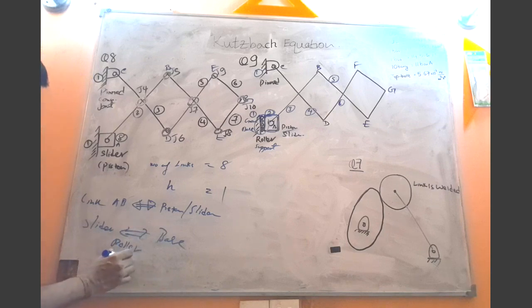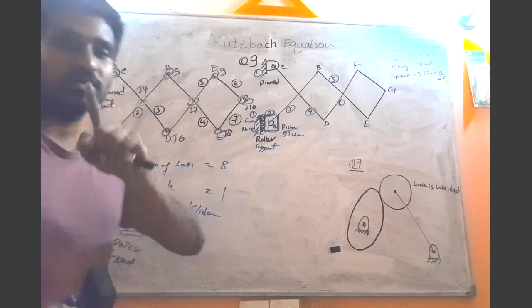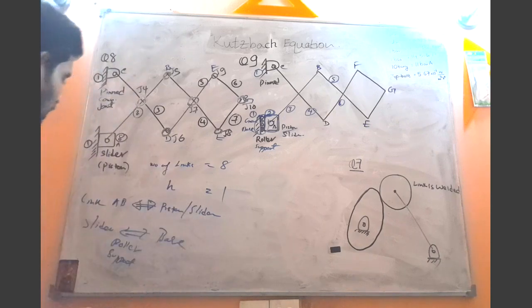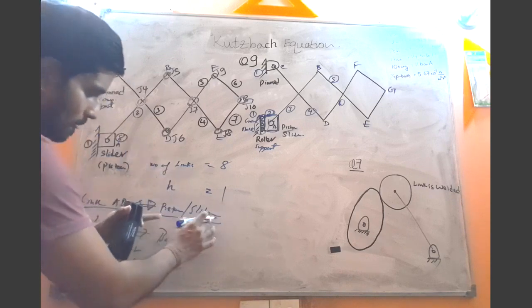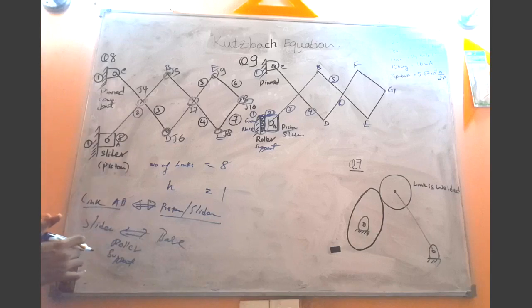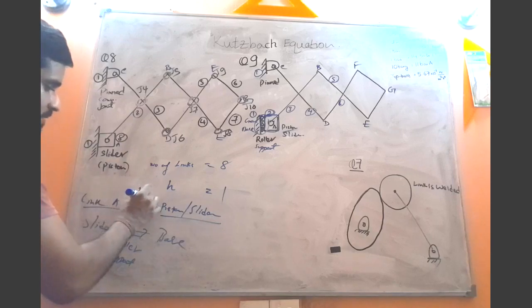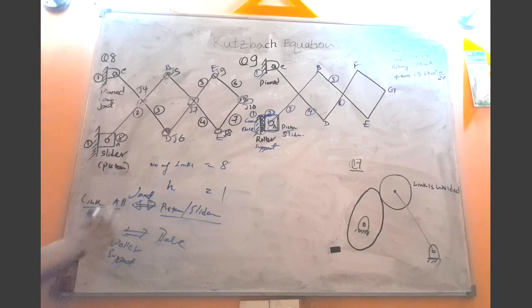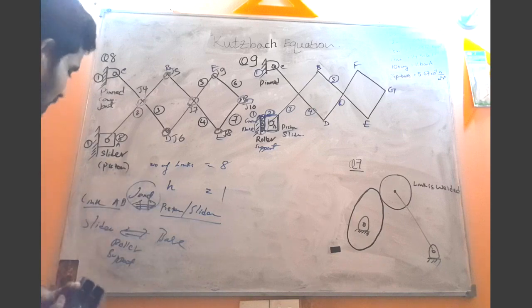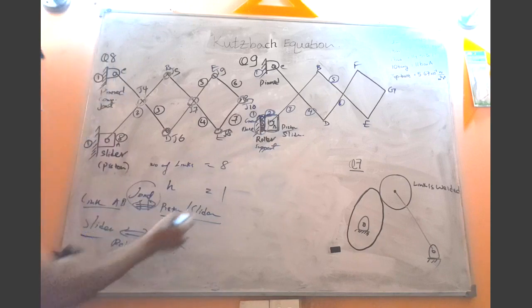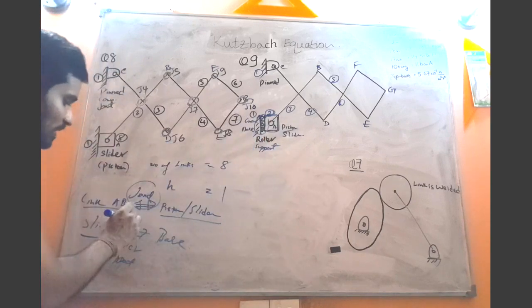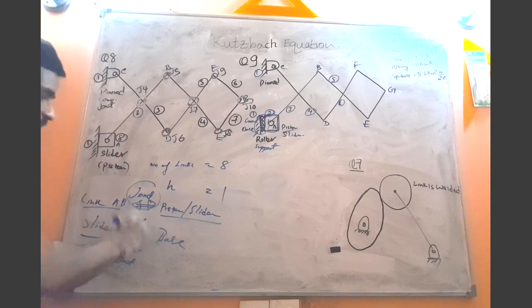You got that point, right? So this link AB is connected to the piston with a certain joint. So there we have a joint. But if I consider the connection between this slider and the base, that we do not consider as a joint.